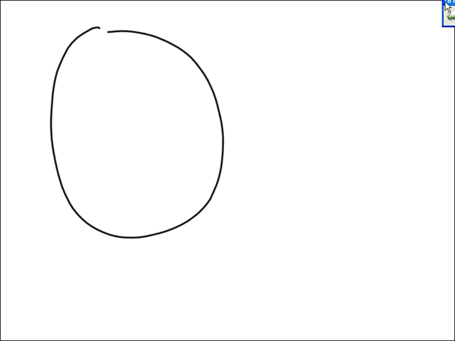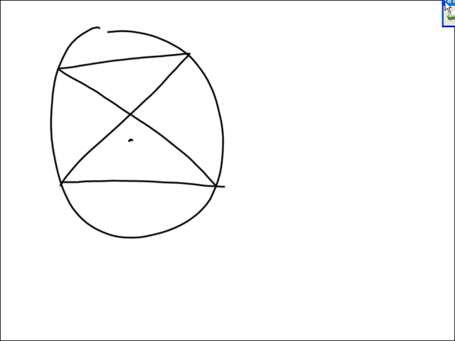Here's a problem that we should be able to do. I am not going to say that these two lines are parallel. But I'm going to say that this is a 40-degree angle, and I want us to find angle Z. Circles, inscribed angles, chords.